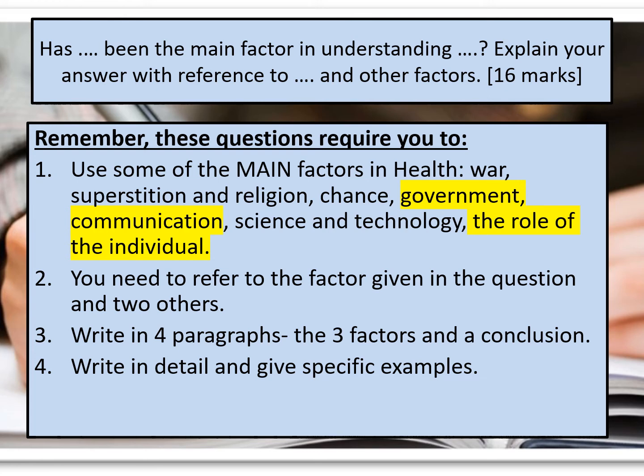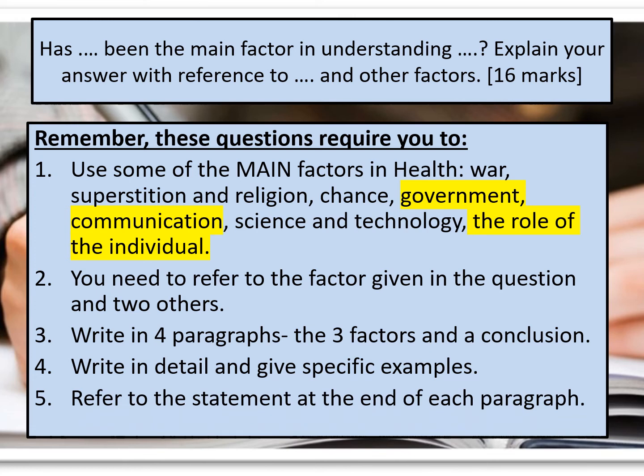So we're going to end up having 3 big factor paragraphs and then a conclusion. And we want to make sure that we're writing in as much detail as we can. It's also really important that we link back to the question throughout, especially at the end of that paragraph, and say something like, therefore, government has been a very important factor in understanding public health because.